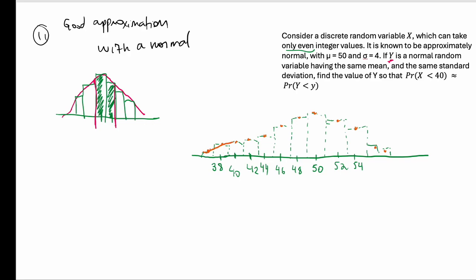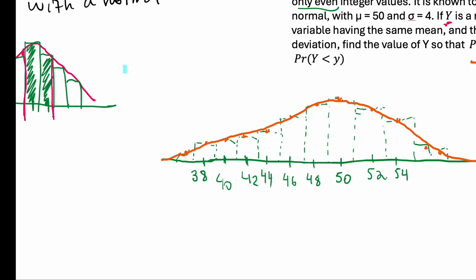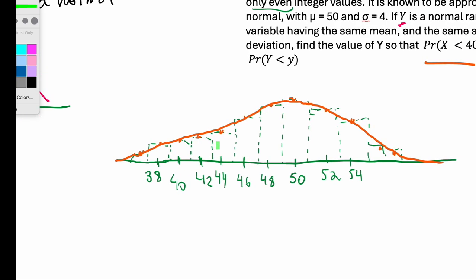It embraces the histogram pretty well. Okay? And you want to find the probability of x being less than 40. Okay, so let's zoom up. If you were in the green world, what bins would you be calculating? Would you be calculating the 40 bin?